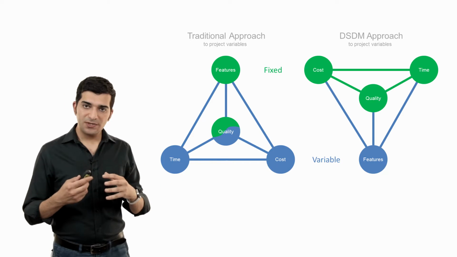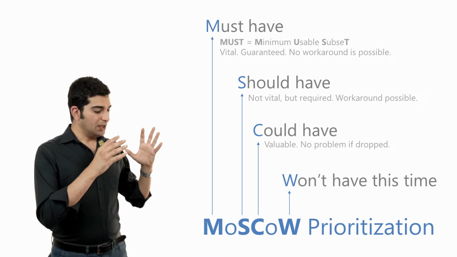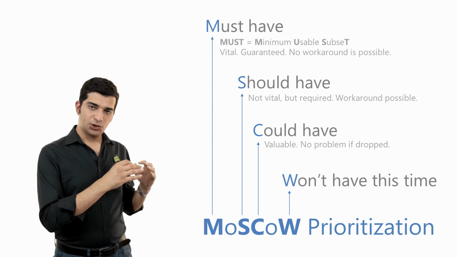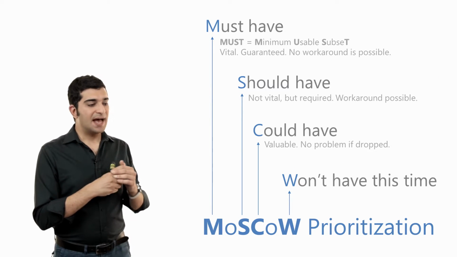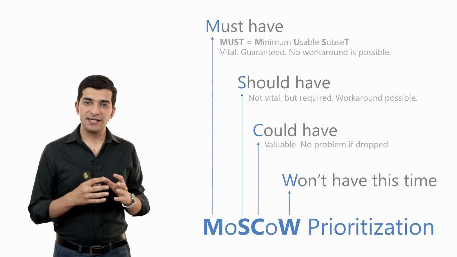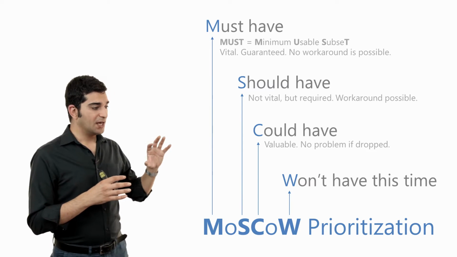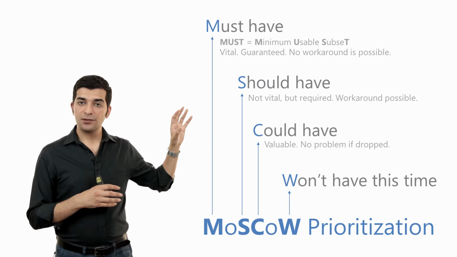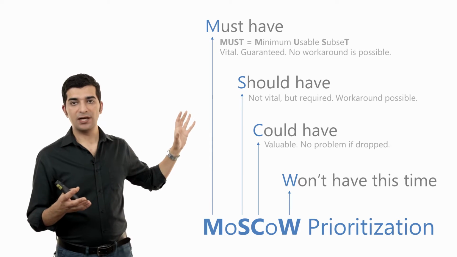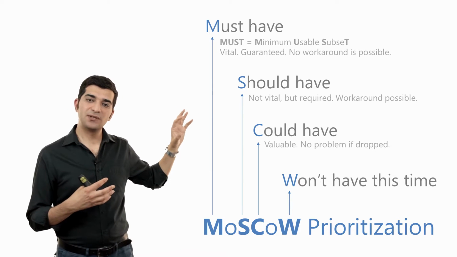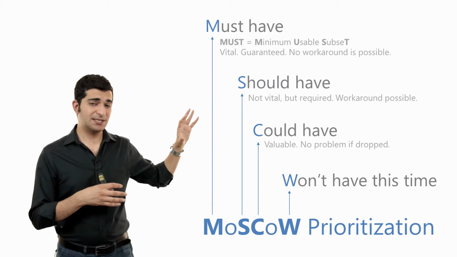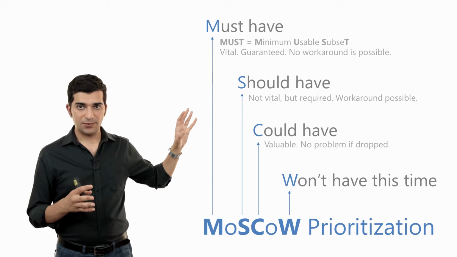So, how do we do that? We start with the must-haves and then the should-haves and then the could-haves. And we need to have enough flexibility in our project because all must-haves must be delivered, right? So if we don't have enough time to deliver some of the must-haves, that's a disaster in our project.